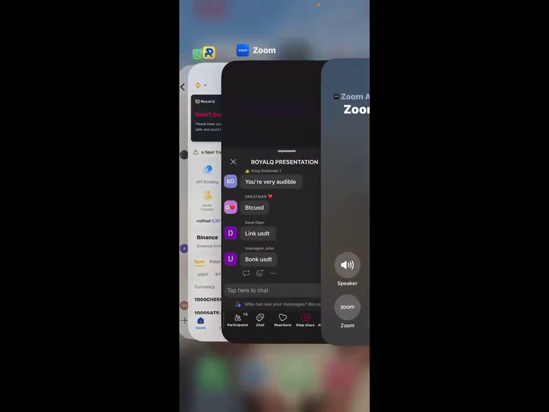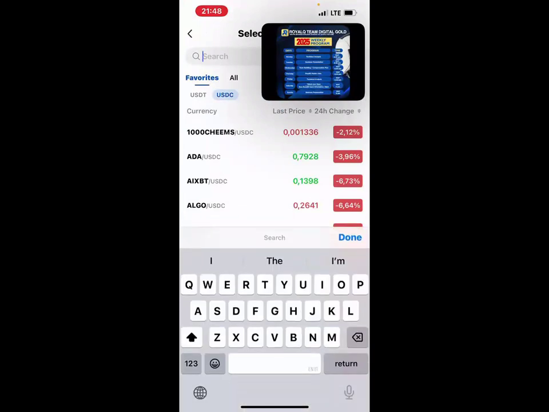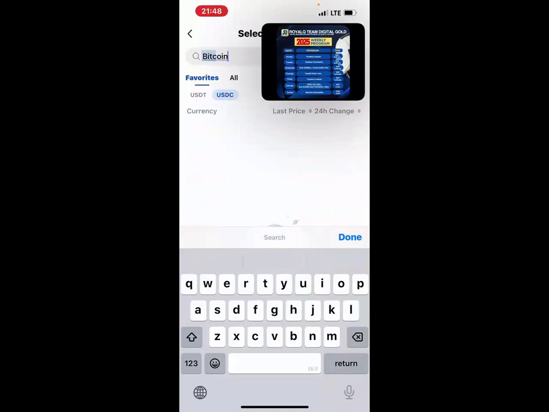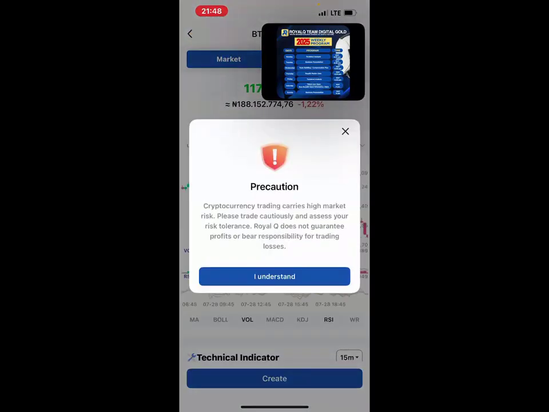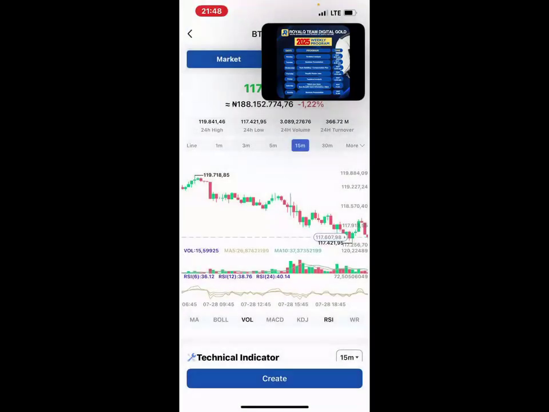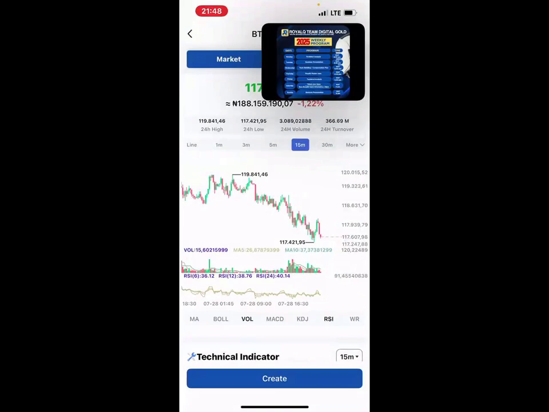Okay, no problem. Definitely. So our first pick was BTC. So here I'll just type BTC. Okay, and then here we have the BTC chart. And this is 15 minutes, right?